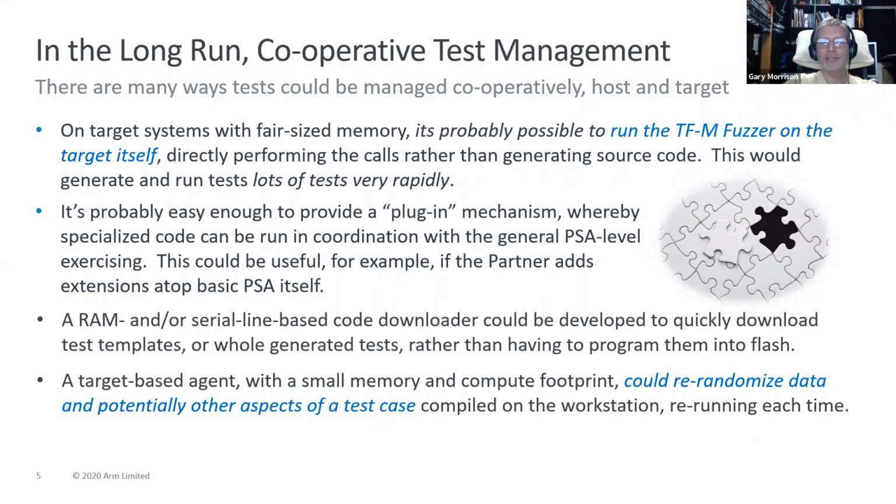And it's conceptually easy to have the plugins run in addition to the generated code. So that's a good possible first step. And then as time goes by, we could have more randomization done on the target and so forth. But for now, it's just strictly a workstation-based code generator tool.